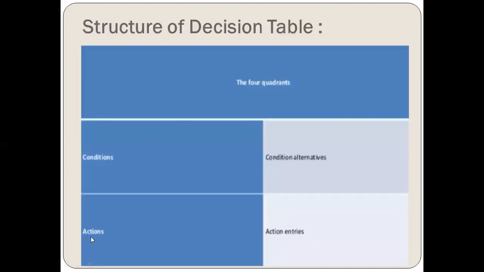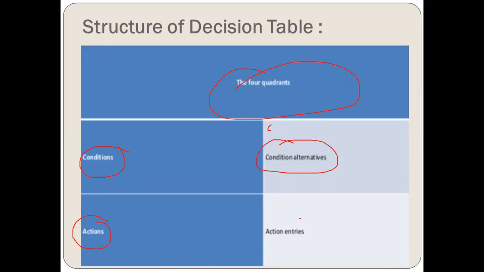Now, if we see the decision table structure, how the generalized structure is, it is divided into 4 quadrants. The first quadrant is termed as conditions, condition alternatives, that means test cases. So test case 1, test case 2, test case 3, etc. Then the third quadrant includes the actions. We can have any number of actions, we can have any number of conditions.